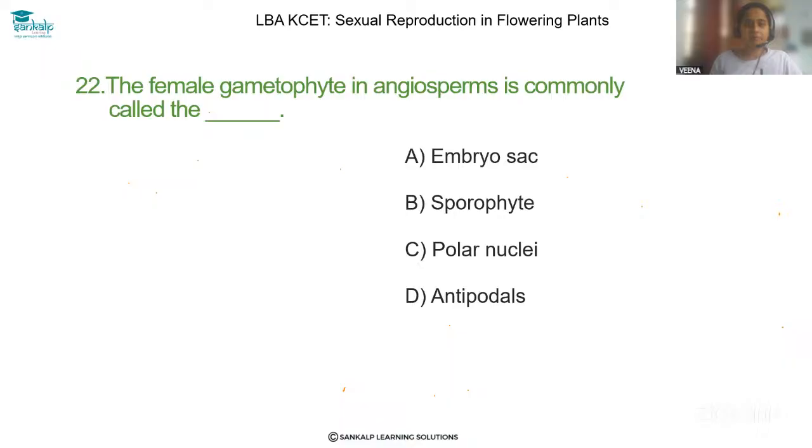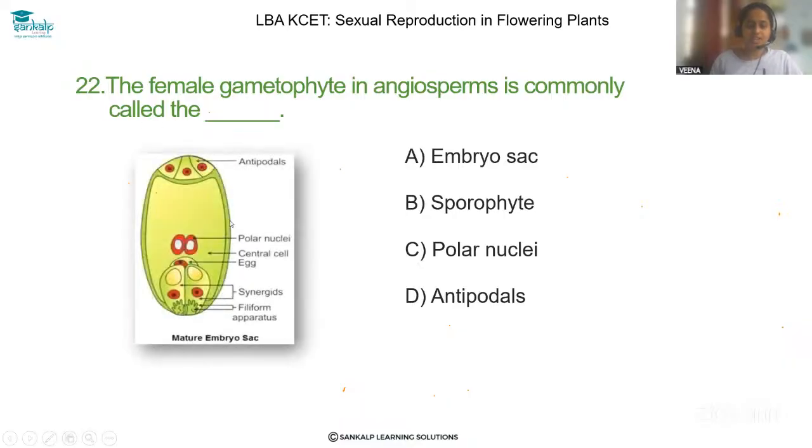The female gametophyte in angiosperms is commonly called what? Dear children, just observe the structure here. The female reproductive structure contains three main parts, right?